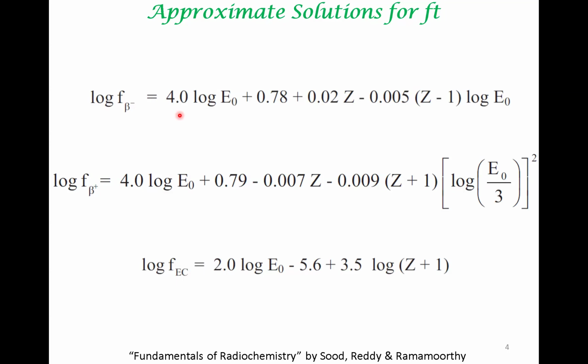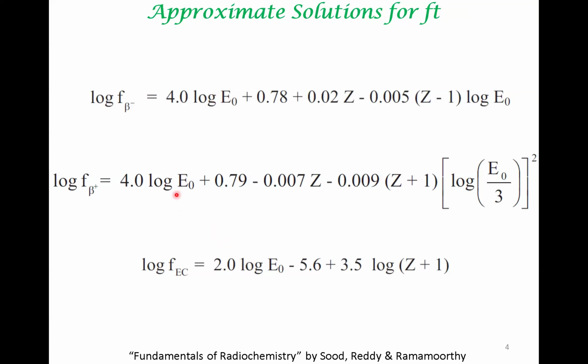using certain approximations for the transition matrix, and these expressions are widely used in beta decay. Even though these are approximate solutions for log f, they are fairly powerful, and they give you a general feel for what parameters f depends on.